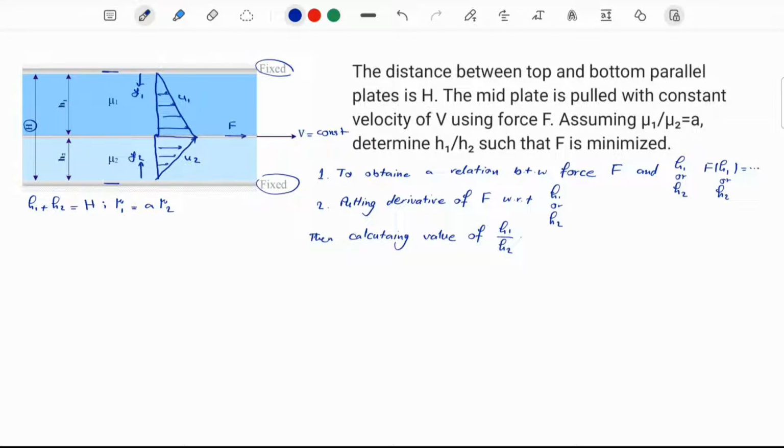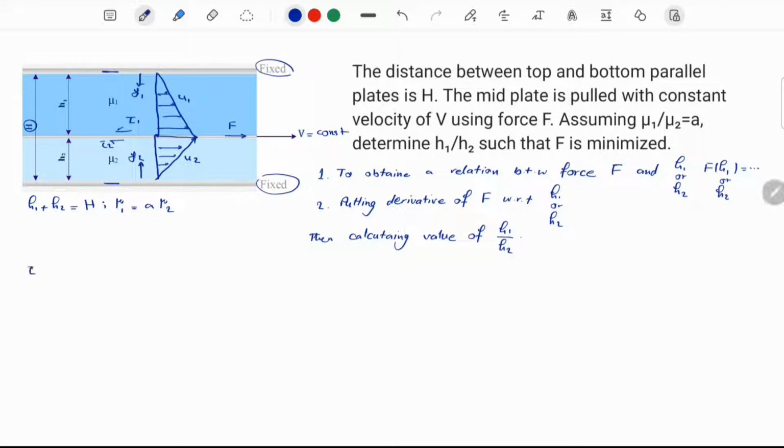So we have tau1, the shear stress imposed by fluid 1 at the top of the mid plate, and tau2, the shear stress imposed by fluid 2 at the bottom of the mid plate.